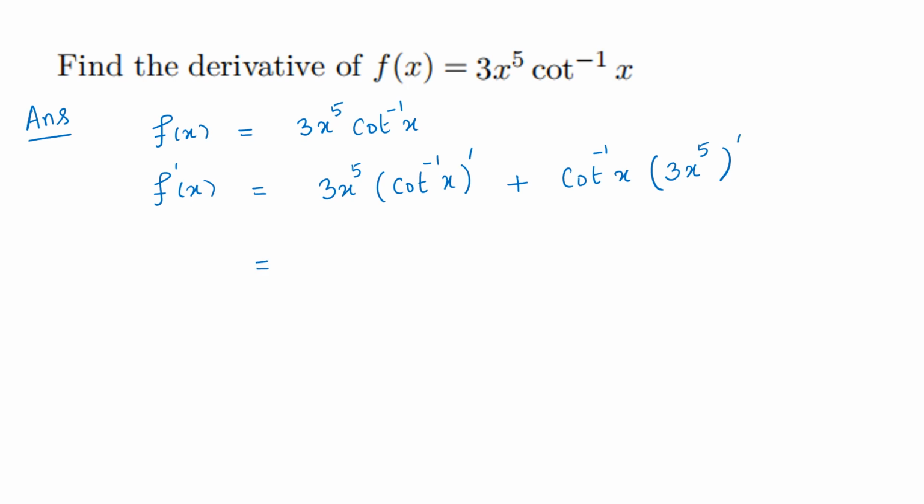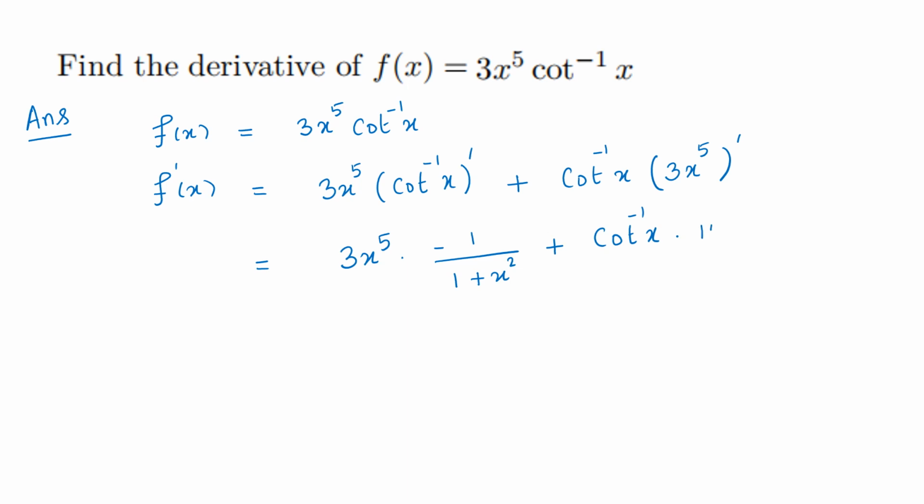equal to 3x power 5 times cot inverse x derivative, minus 1 divided by 1 plus x square, then plus here cot inverse x. What is derivative of 3x power 5?